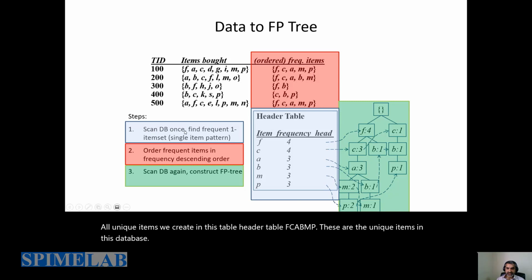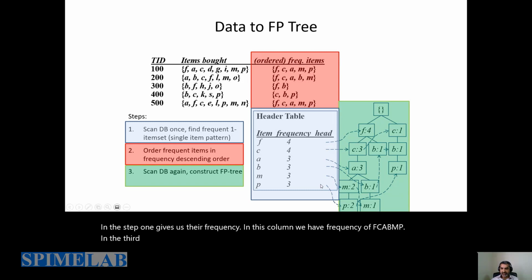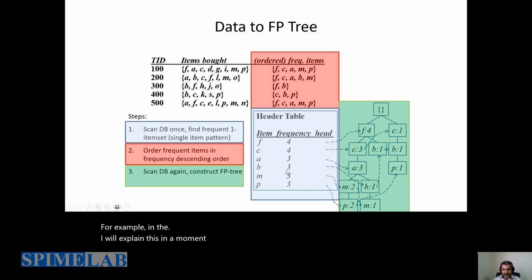And step 1 gives us their frequency. In this column, we have the frequency of F, C, A, B, M, P. In the third column, we have a node link that I will explain in a moment. But after we create the frequency column, we do step number 2.